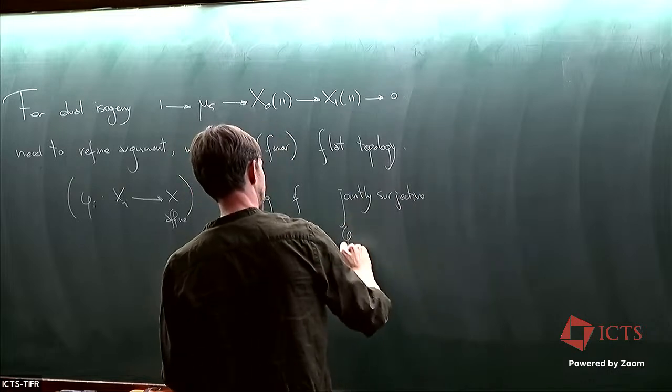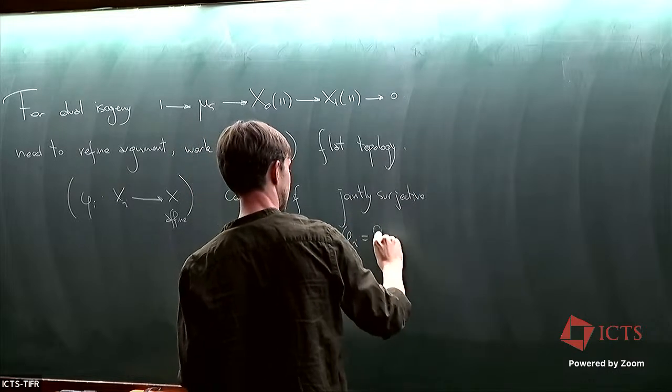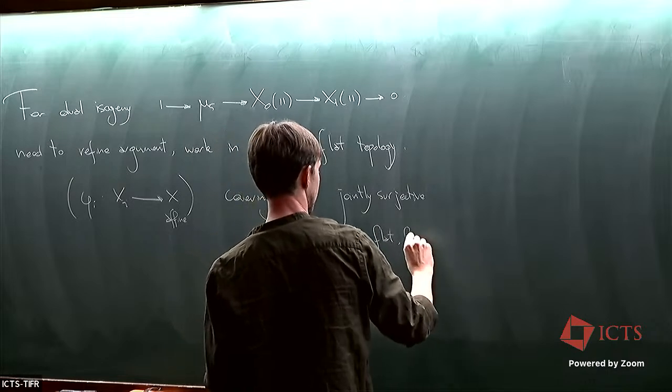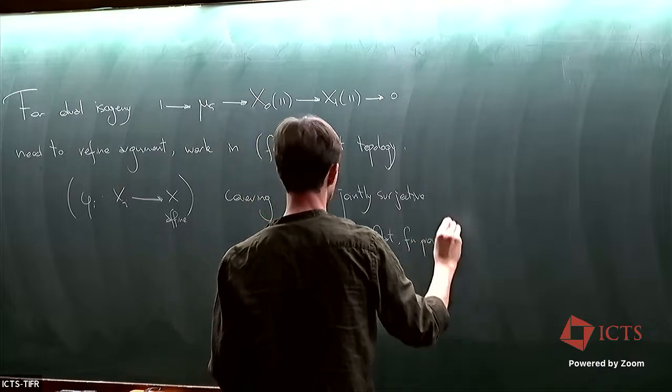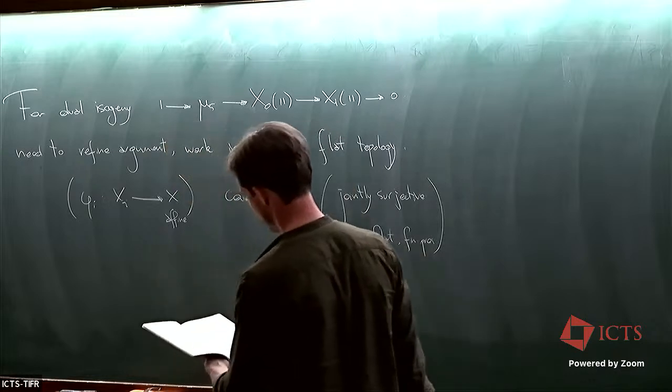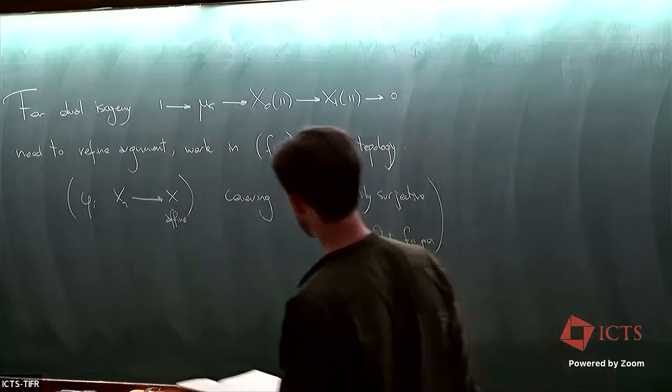And the phi i's must be flat and finitely presented. Okay, so that's just a bit technical. That's what this topology looks like for those of you who've seen this kind of thing before.